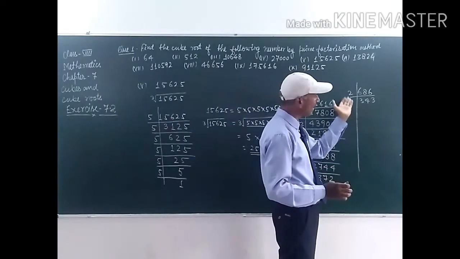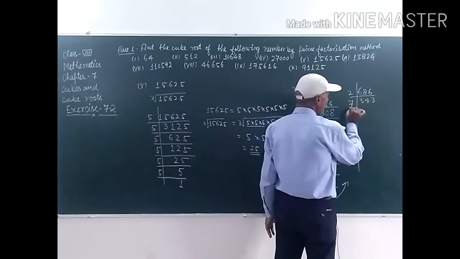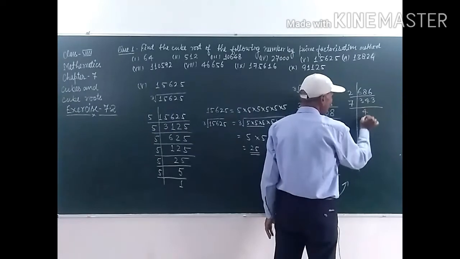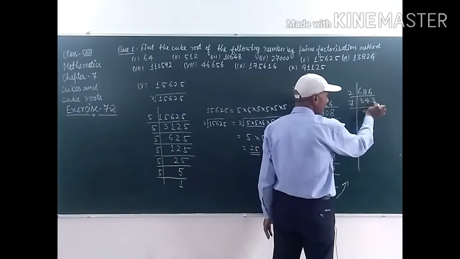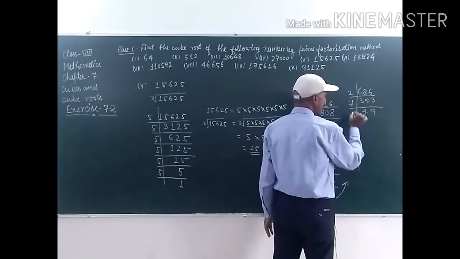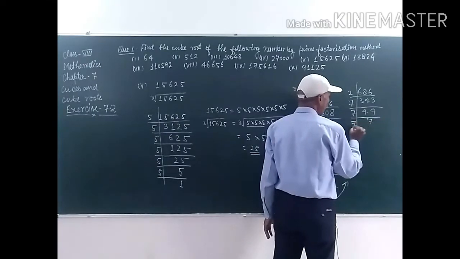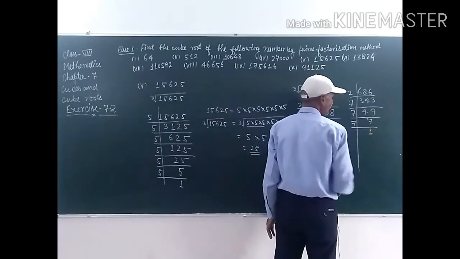So we have to take the next prime number, that is 7. So 7 4 ja 28, 6 is left here, 6 and 3 63, so 7 9 ja 63. Again by 7, 7 ja 49, again by 7 it is 1.